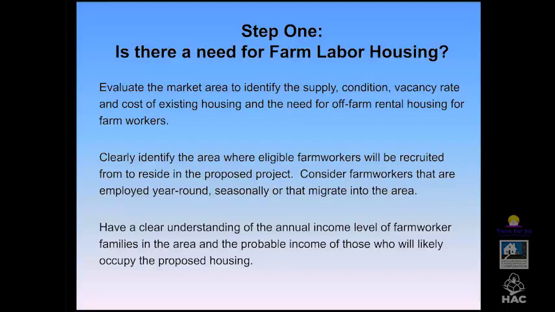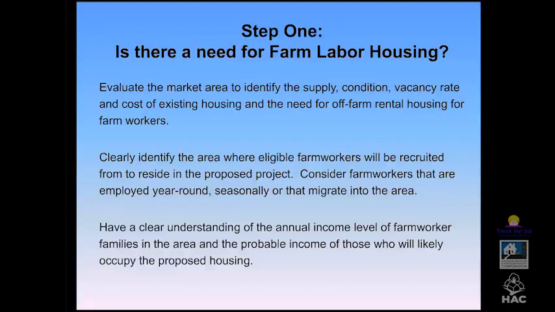So the first step in order to determine whether you have a feasible project is to take a look at what the need for farm labor housing is in the community. And it's important to have an understanding of this because it will drive the feasibility of the project. In other words, what kind of housing is available to serve the farm workers currently?